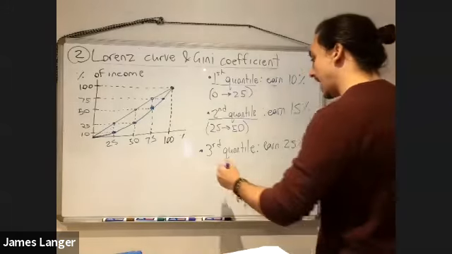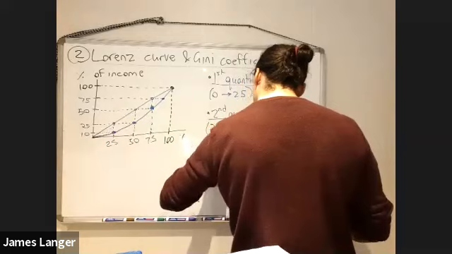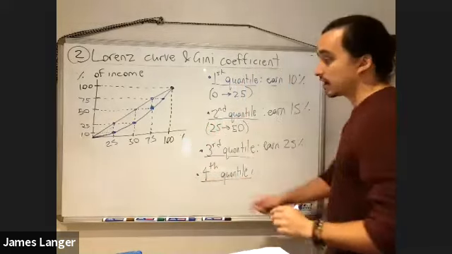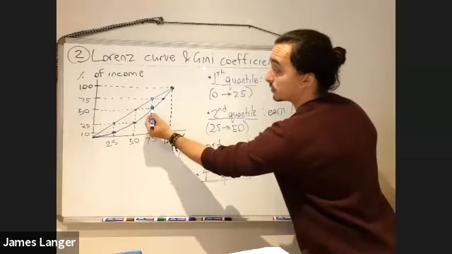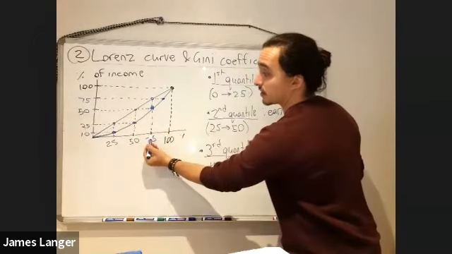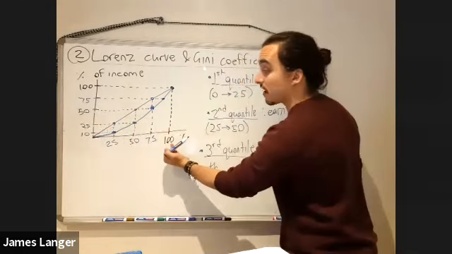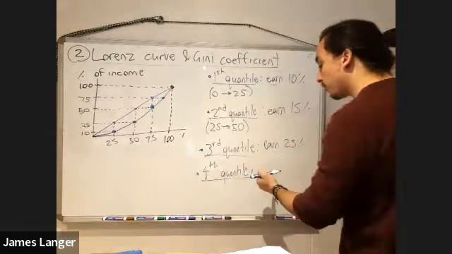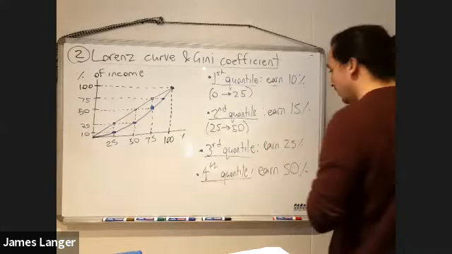And then my fourth quantile, that's 75 to 100. If we go up, we see that 75% of the economy earn 50%, and the other 25% earn another 50%. So the fourth quantile, they earn 50% of the income.